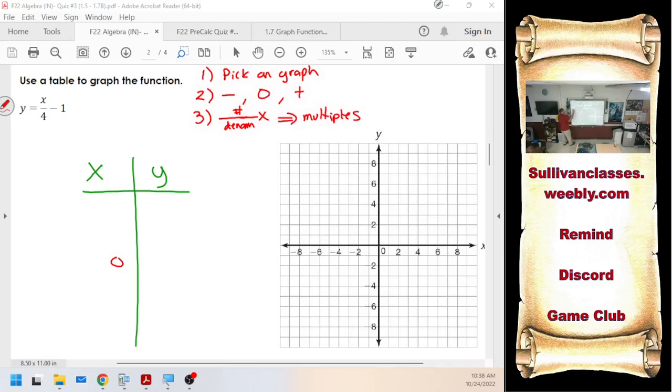So in this case, because I got a 4 as a denominator, I want to pick multiples of 4. Now, I can pick whatever I want. If you want to pick -2, -1, 0, 1, 2, go for it. You are going to get points. They're all going to be fractions. Okay? That's fine. You can still graph that.